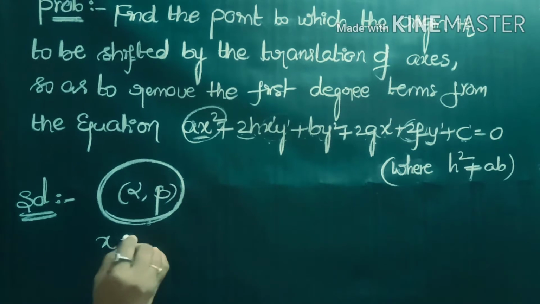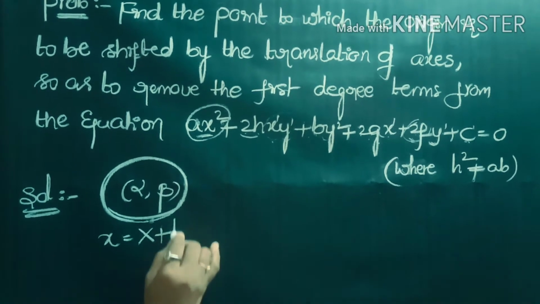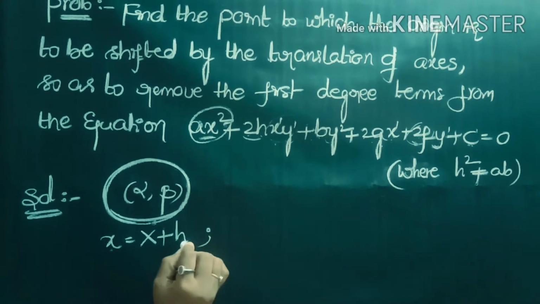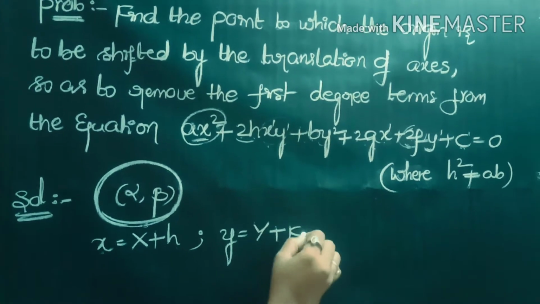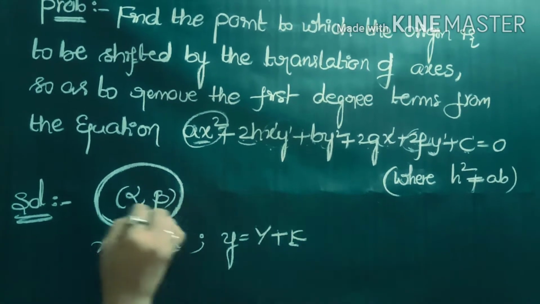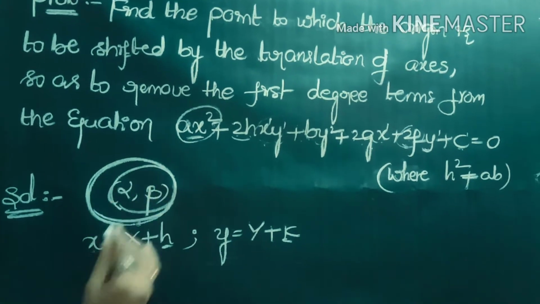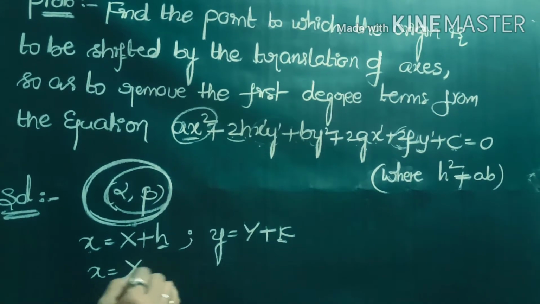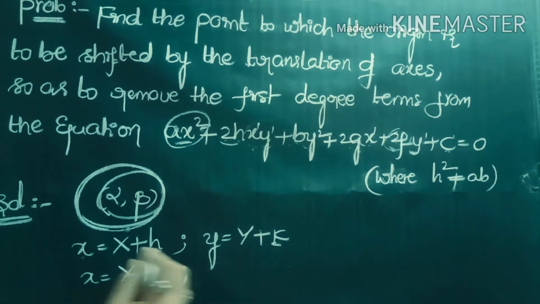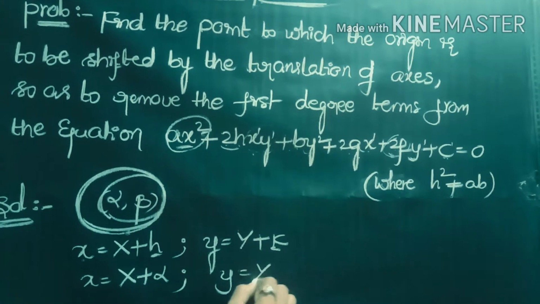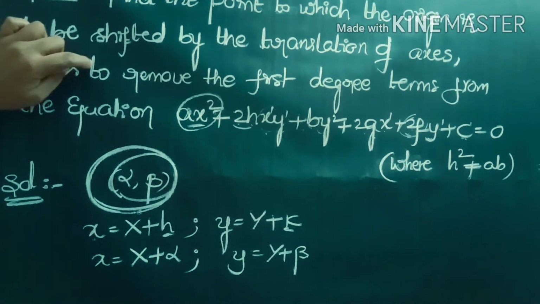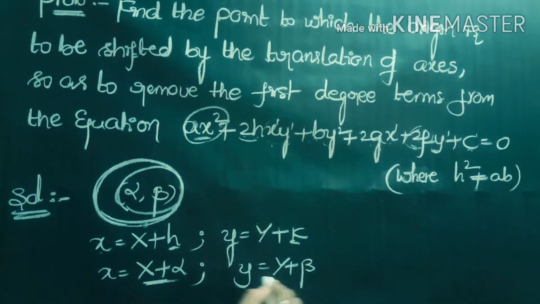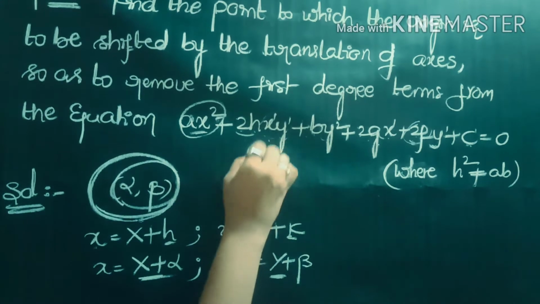Now what are the formulas in the translation of axis? Small x is equal to capital X plus h and small y is equal to capital Y plus k. In place of h comma k we take alpha comma beta, that is, small x is equal to capital X plus alpha and small y is equal to capital Y plus beta. To get the transformed equation, we substitute these two values in the given equation.